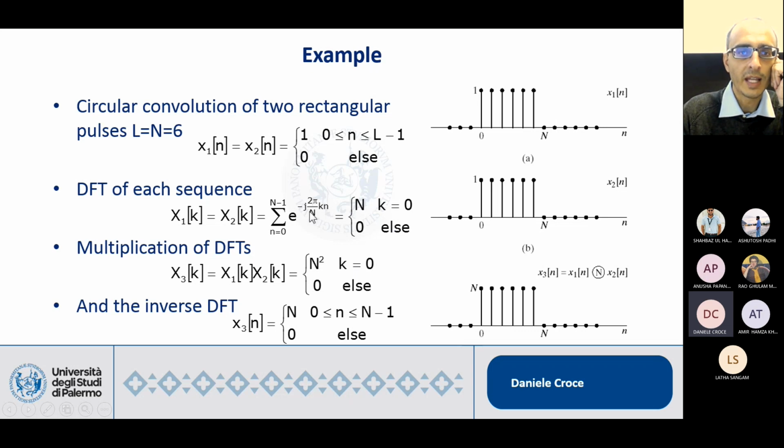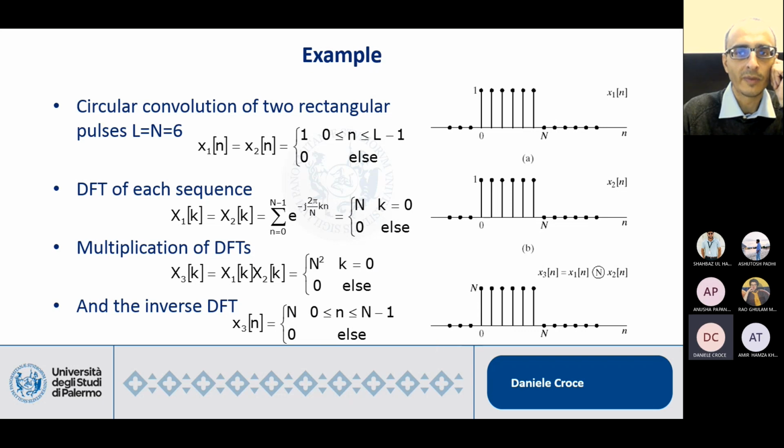So it's only the first element, and the first element will be exactly N squared. So you have N squared divided by N, and the result is N. Otherwise, it's 0. And so what we obtain with the circular convolution is the same sequence, but times N.